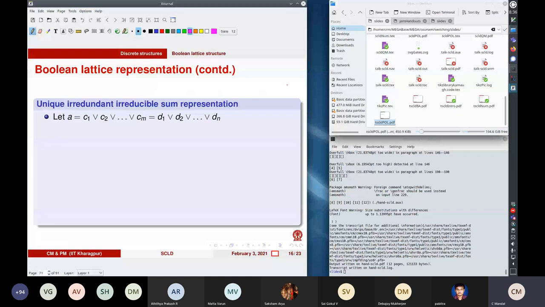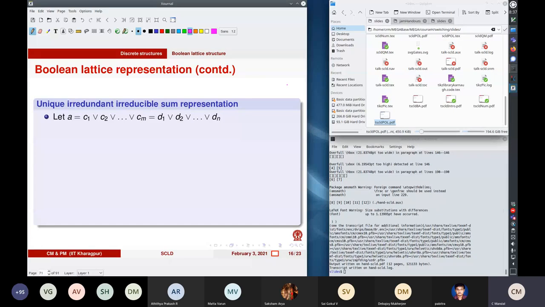So let us just look at that. Let us just see why we have a unique irredundant irreducible sum. So suppose that the representation is not unique. In other words, let us say that we can express an element A in these two ways.